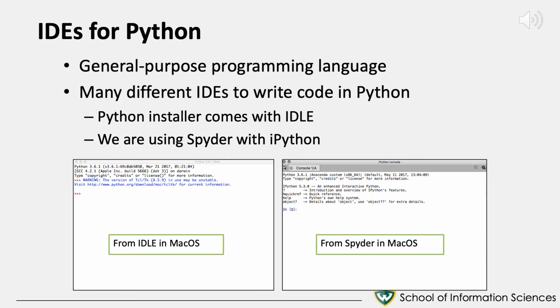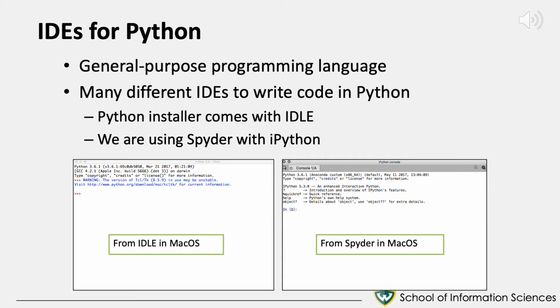Now what we are using, if you've already installed Anaconda, great. If you haven't, make sure you do that, as we're going to progress relatively quickly from now on, and I expect all of you to use Spyder. So on the right side of the screen, you'll see a screenshot from Spyder in macOS, which should look very similar to the PC version.